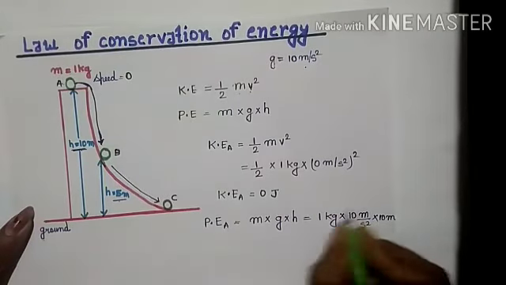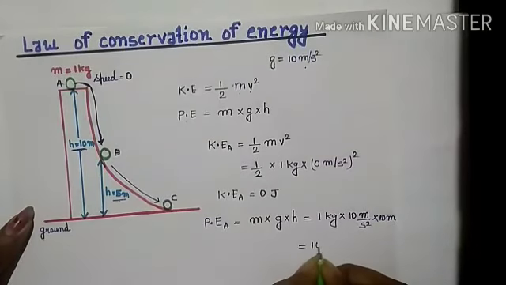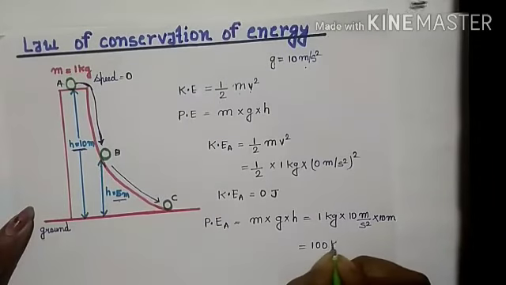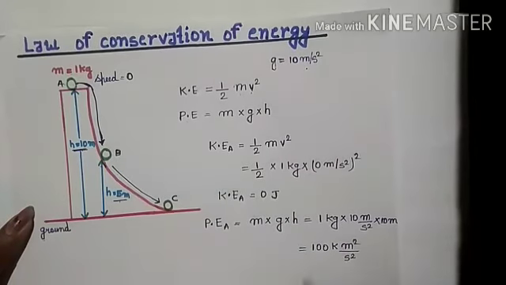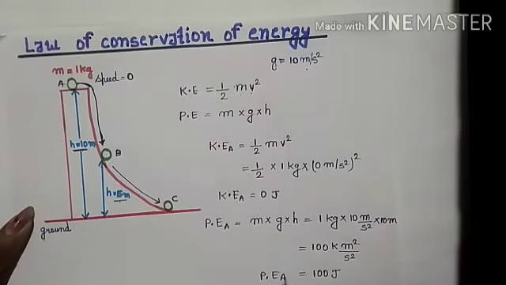Now after multiplying 10 by 10, we get 100 kg meter square per second square. Now we know that this is the unit of joule. So potential energy becomes 100 joule.